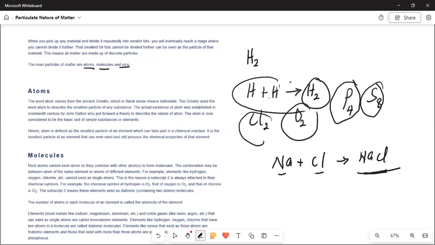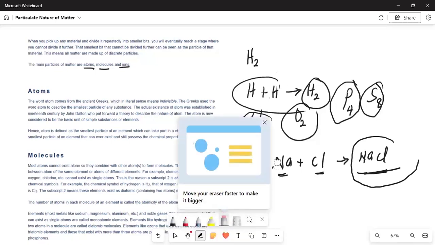So the point here is the moment it is atoms of different elements coming together to form a molecule, then the molecule formed is a molecule of a compound. That is why the definition says that a molecule is what? The smallest particle of a substance. Substance could be what? An element, it could be a compound. The smallest particle of a substance that is capable of independent existence.